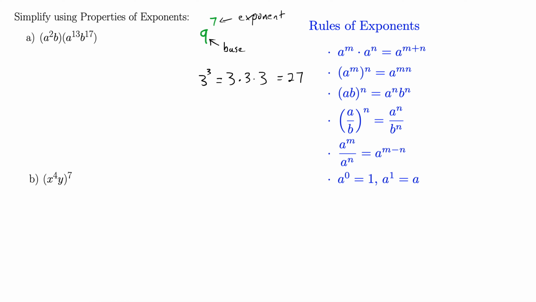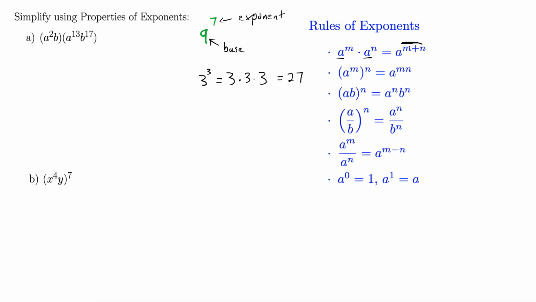So that's one way to think of at least when you're getting used to these exponents and bases, what they mean. And then we have all these wonderful rules or properties that help us make progress with understanding these. This first rule here, a to the m times a to the n equals a to the m plus n. So when you have two situations here with the same base multiplied together, you add their exponents.